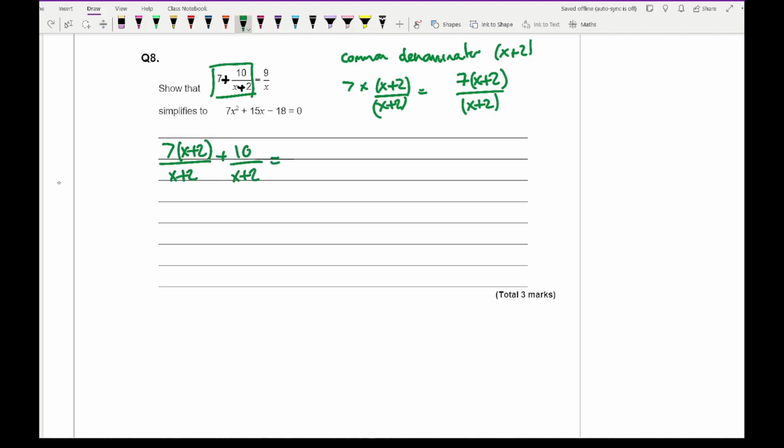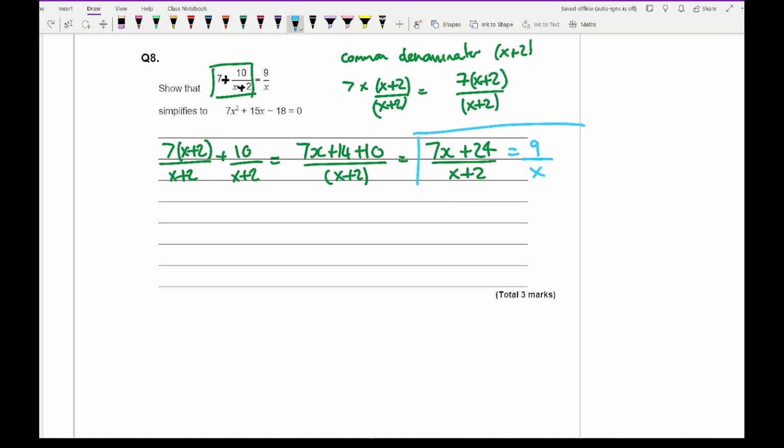Which then, as the denominators are the same, I can link up the numerators. So I've got 7x plus 14 plus 10 over x plus 2, which then gives me 7x plus 24 over x plus 2. And that all equals 9 over x.